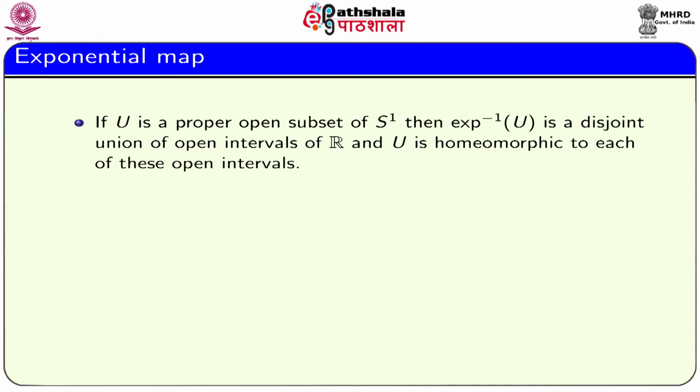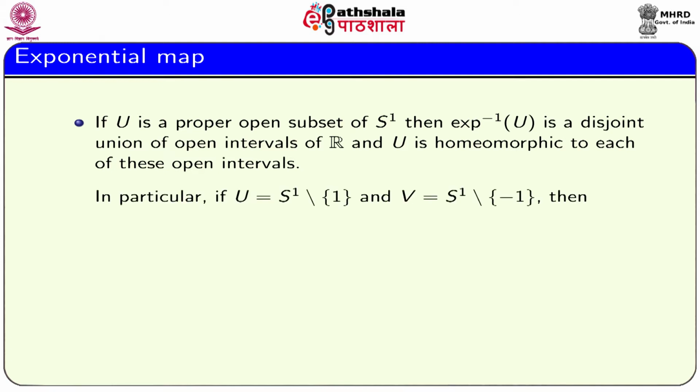If U is a proper open subset of S1, then exponential inverse of U is a disjoint union of open intervals of R, and U is homeomorphic to each of these open intervals.